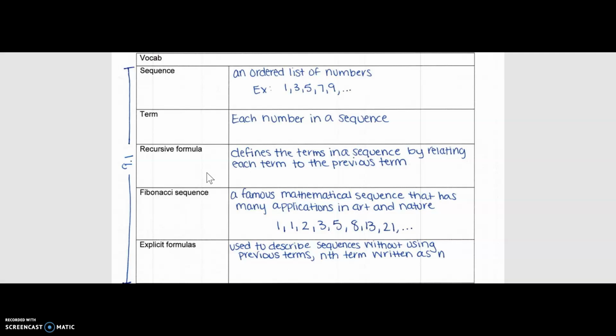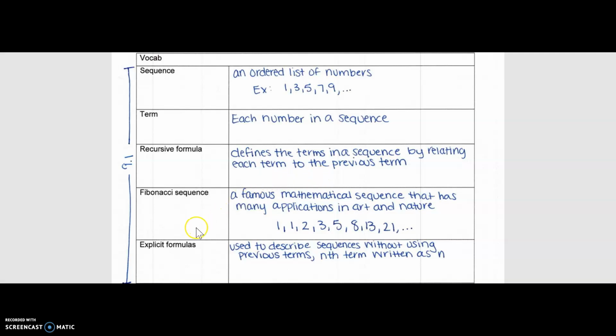A recursive formula defines the terms in a sequence by relating it to the previous term. So recursive formula is great for finding like the third term, maybe the fourth term, but if you want to find the 100th term, it's not going to be necessarily helpful because you would have to know the 99th term, so the previous term, in order to find that 100th term.